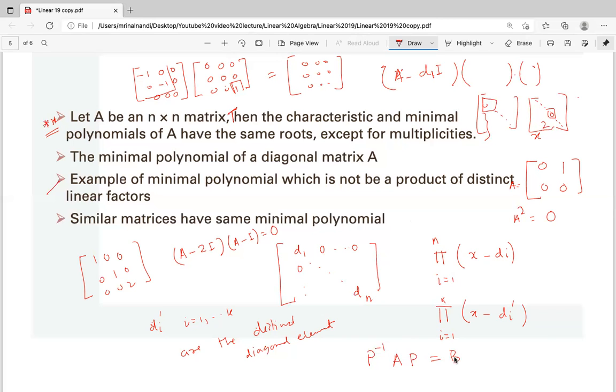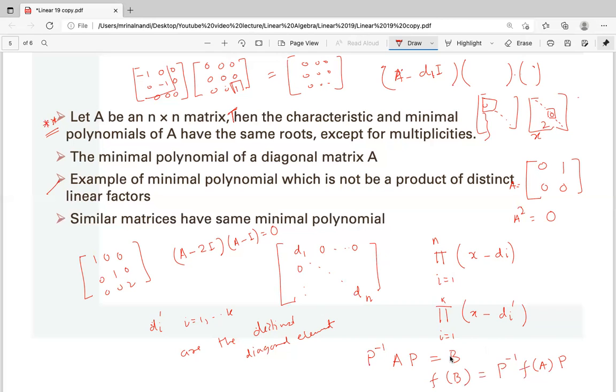Why? This is easy because, what is f of B? You can easily check that it is P inverse f of A P, because B square is actually P inverse A square P, and B cube is actually P inverse A cube P. So f of B is P inverse f(A) P. So if f of A is null, then f of B is also null.